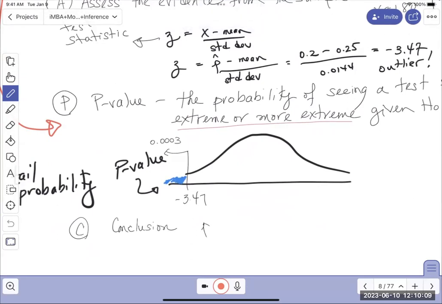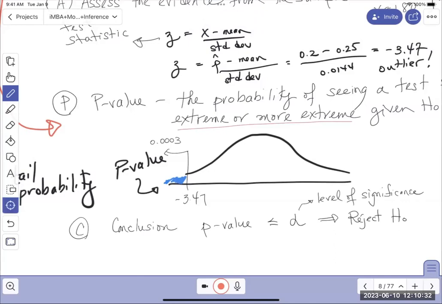In general, the conclusion looks like this. P-value less than or equal to alpha means reject H0. What is alpha? This is called the level of significance. Who's going to establish how bizarre a number is? Is 0.03% small and unusual?